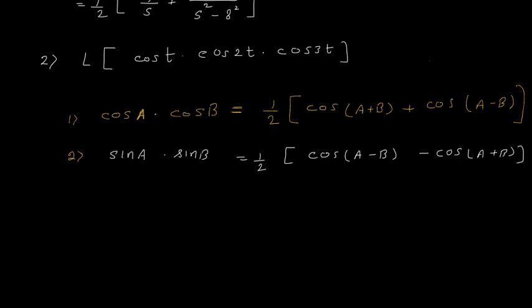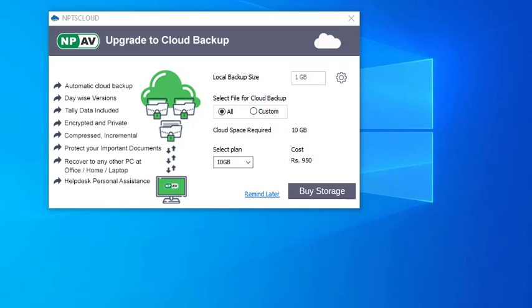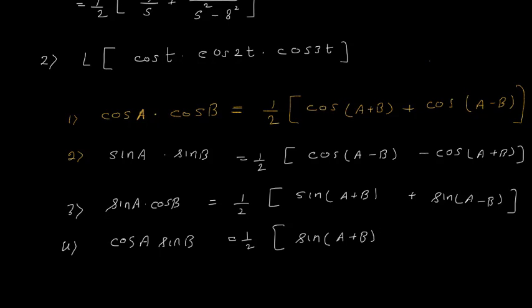In the same way, the third formula which you should know is sin A cos B. So sin A cos B is 1 upon 2 times sin of A plus B plus sin of A minus B. And the fourth one is cos A sin B. So this is 1 by 2 times sin A plus B minus sin A minus B. So here it is minus sin A minus B. So at least these 4 formulas, as we do problems, we will see different formulas one by one.